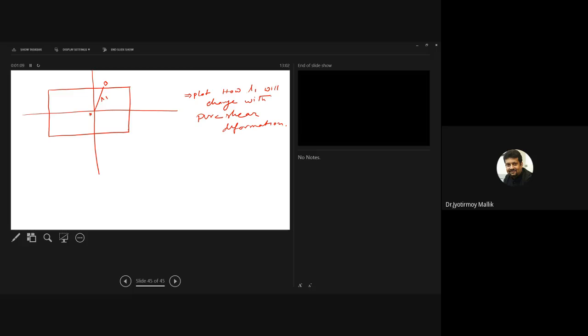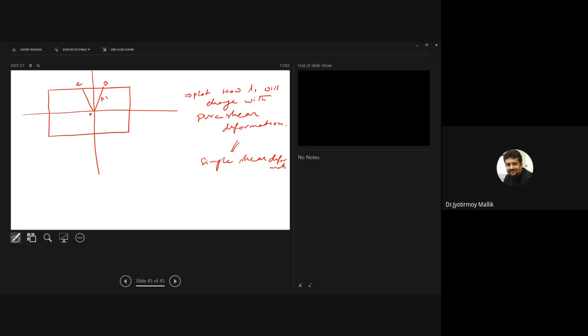Okay. Also, if you subject the same block to simple shear deformation, how will the length of this line L1 change? Okay. So for simple shear, you can take a line AB here and a line AC here. Okay.